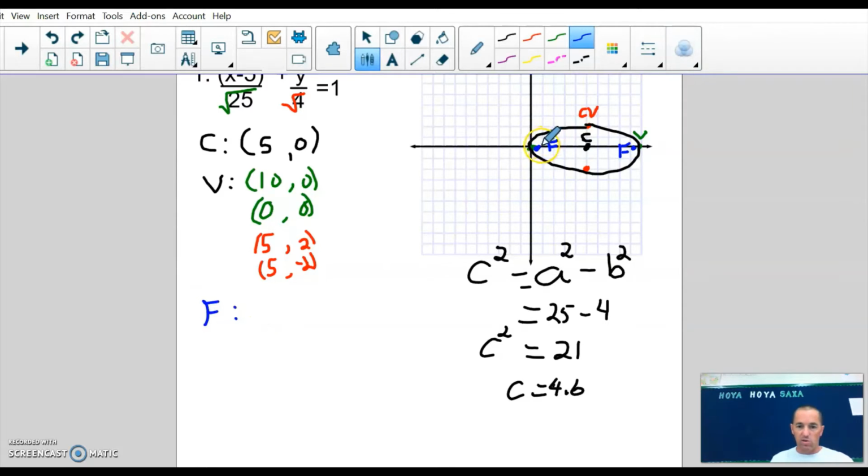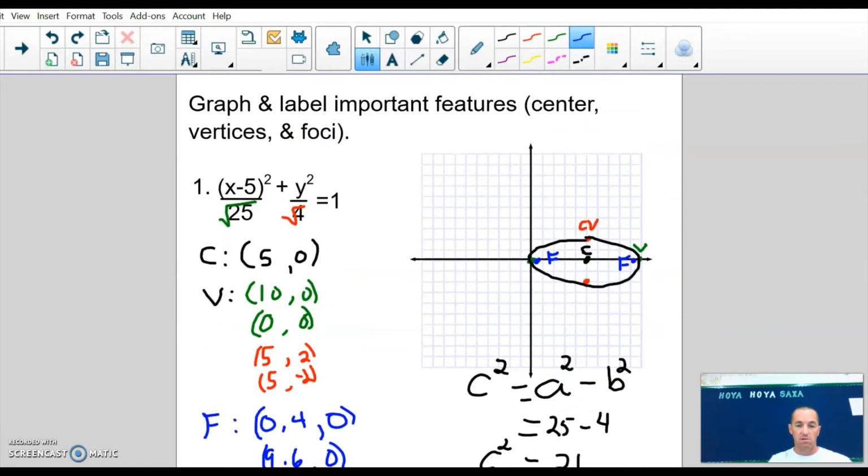This first one, remember that it came over 4.6, so that's going to put us at (0.4, 0). That's the first focal point. And this focal point that's way over here is going to be (9.6, 0). And that is how we graph an ellipse.